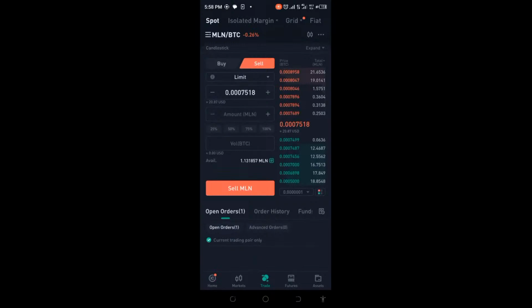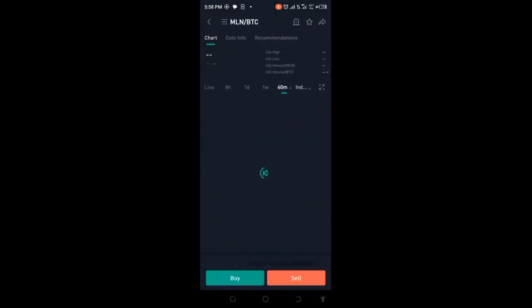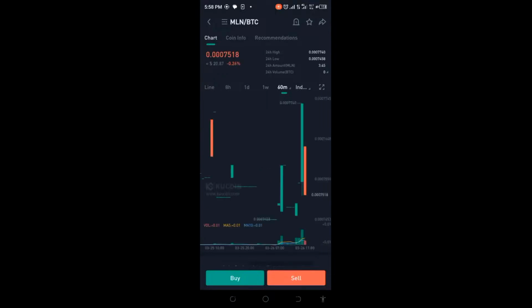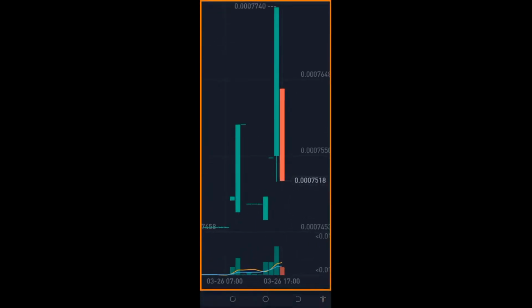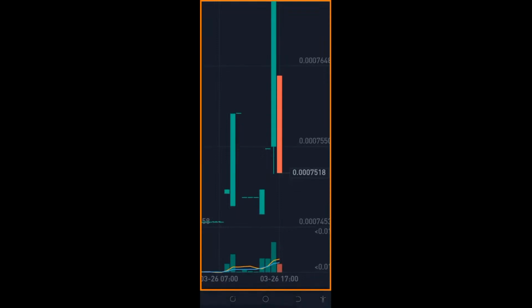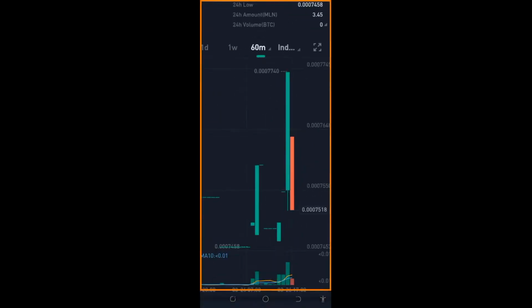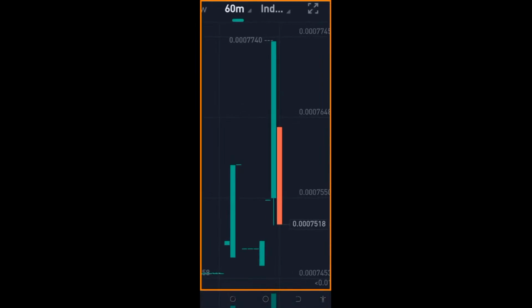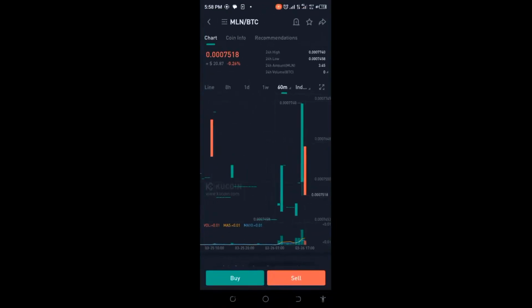Can you see that MLN BTC has gone down? It was 774. Wow. Are we going to have to do a spot trade here? Because right now it was 774. And just within how many minutes it went down?